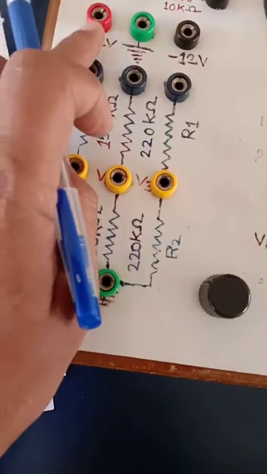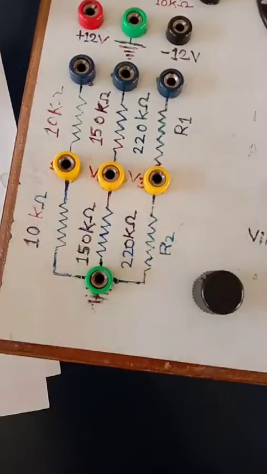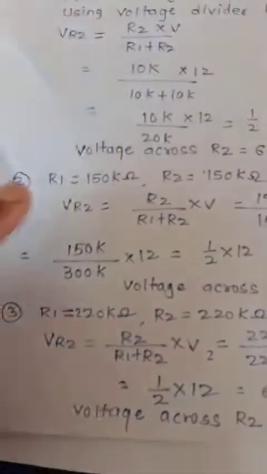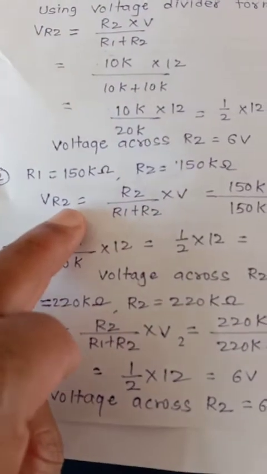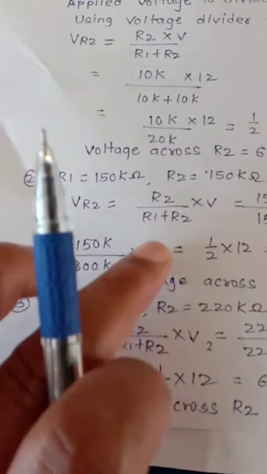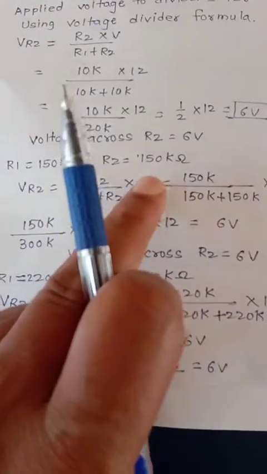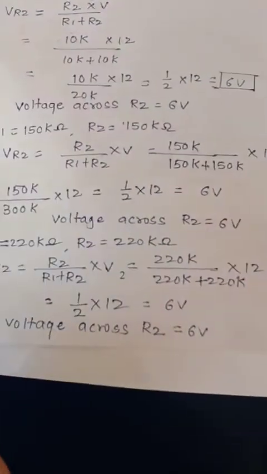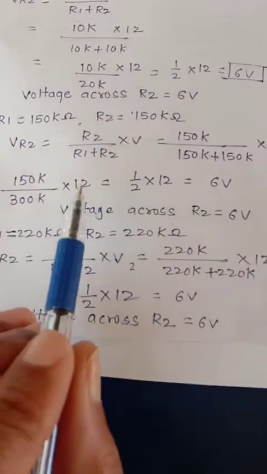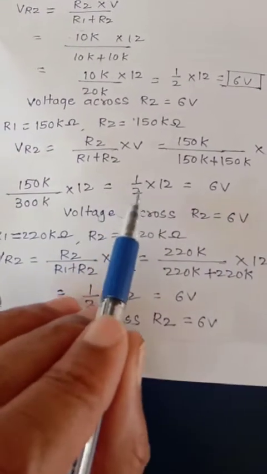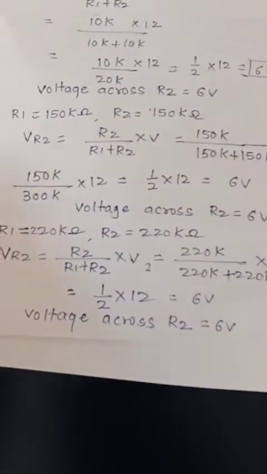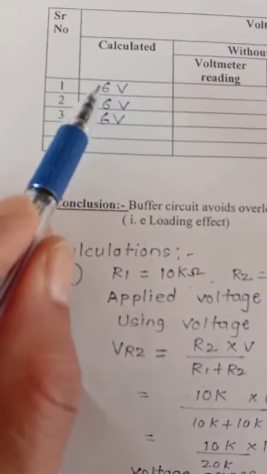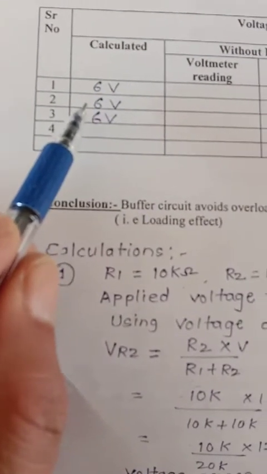If we apply 12 volt to this voltage divider, then voltage across R2, again using the formula VR2 is equal to R2 divided by R1 plus R2 into V, that is 150K divided by 150K plus 150K into 12, that is 150K divided by 300K into 12. That is 1 half into 12, which is equal to 6 volt. So voltage across R2 is 6 volt. So write here 6 volt. The first is 6 volt, and the second here also write 6 volt.